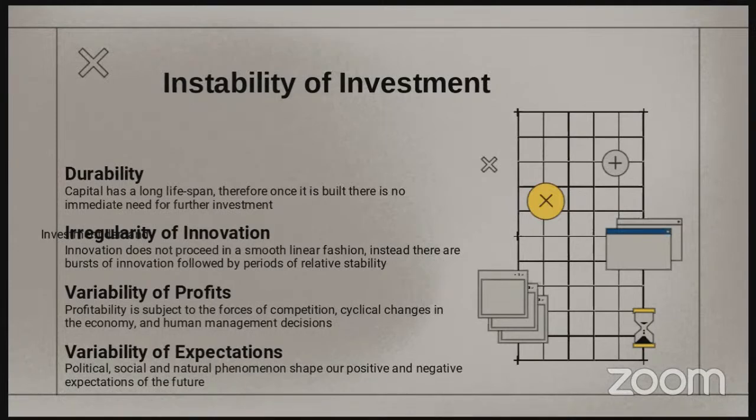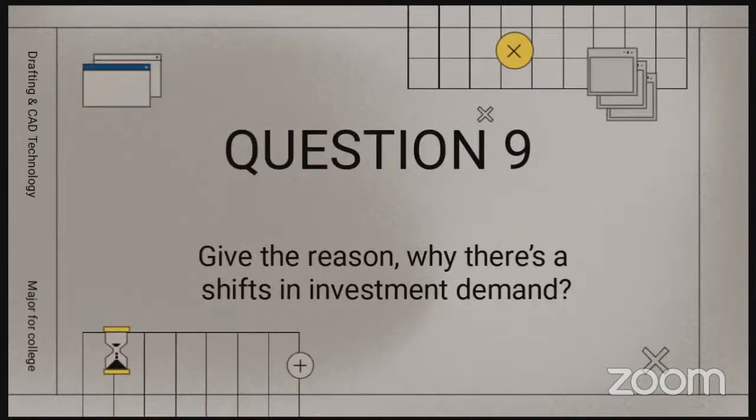And many economists believe that investment instability is the chief cause of the business cycle. So on to the question: give the reason why there is a shift in investment demand.